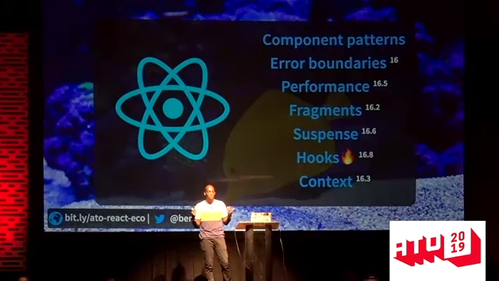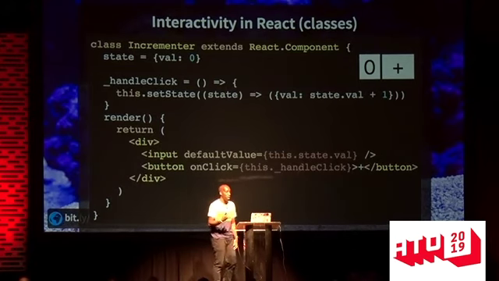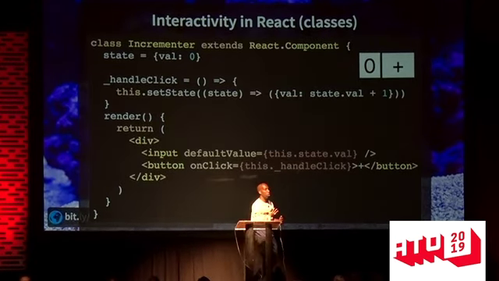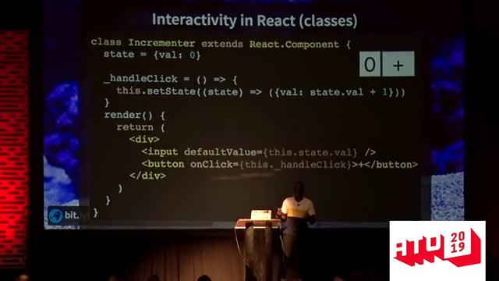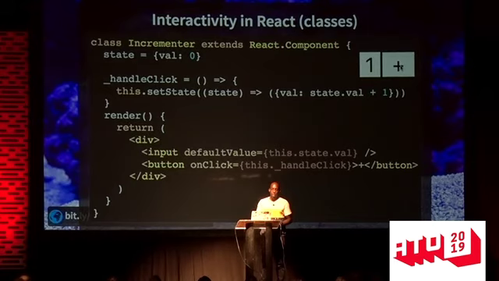So here's the simplest example of interactivity in React. First, I'm going to show it using legacy classes, okay? Here we have this little counter up here, and I click the button right there, and it goes up. I have a little line here that says hold for oohs and ahs, but I guess that didn't happen.